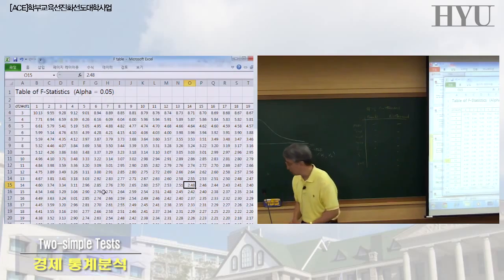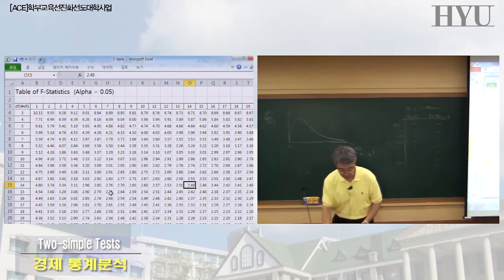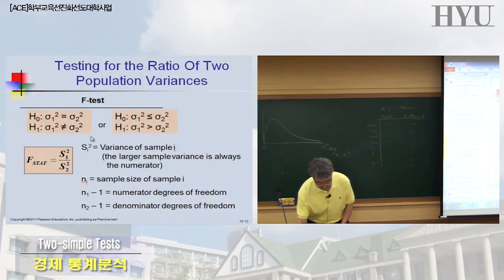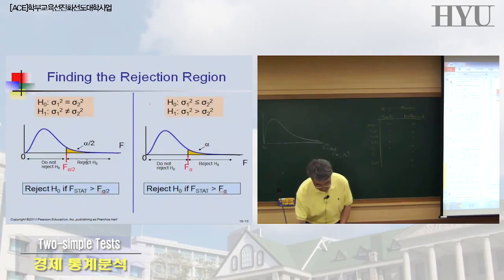So running the test will be exactly the same as before. We have the null and alternative hypotheses. This is the test statistic. And remember, degrees of freedom are n-1 and n-1. If you're running a one-tail test like this, you will set aside the entire alpha as the rejection region and find the critical value.